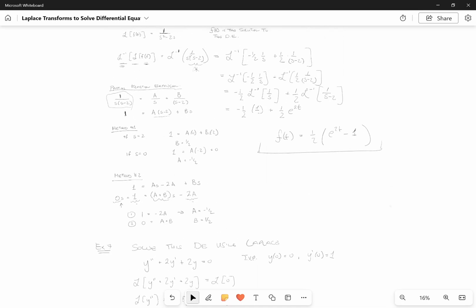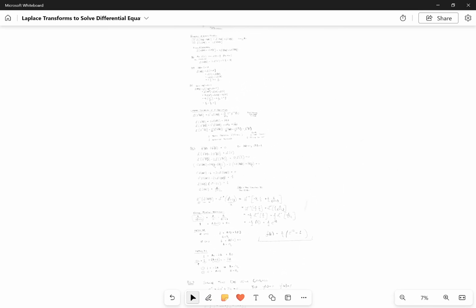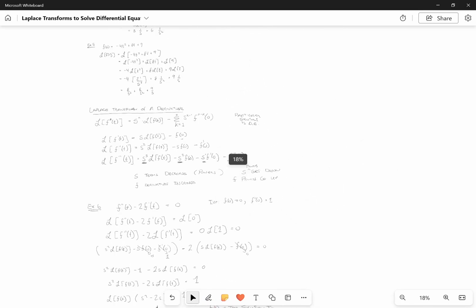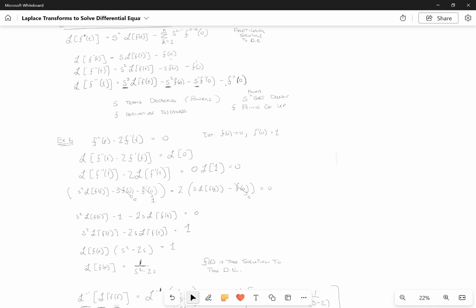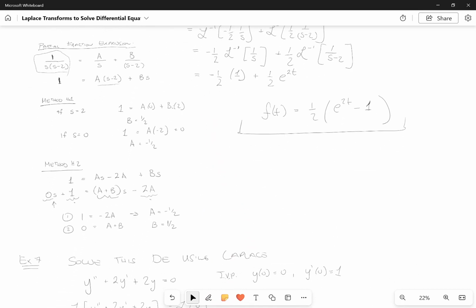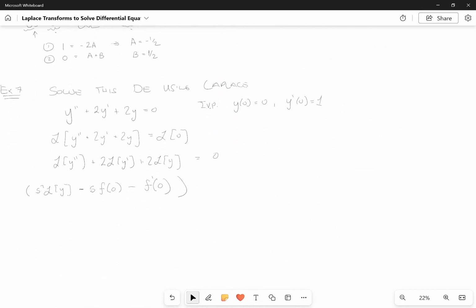Let's go back and just make sure I didn't go too far. So the double prime is s squared Laplace of y minus s f at 0 minus f prime at 0. You can see that I am following the same pattern here.